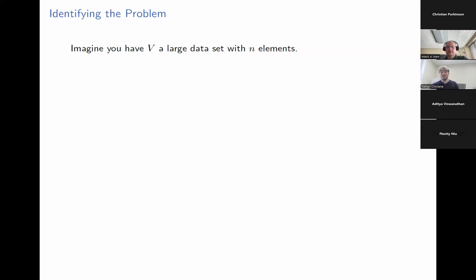Now, the problem is that when your set is extremely huge, generating a perfect uniform sample is very expensive, because generating random numbers with high accuracy is, complexity-wise, very expensive.